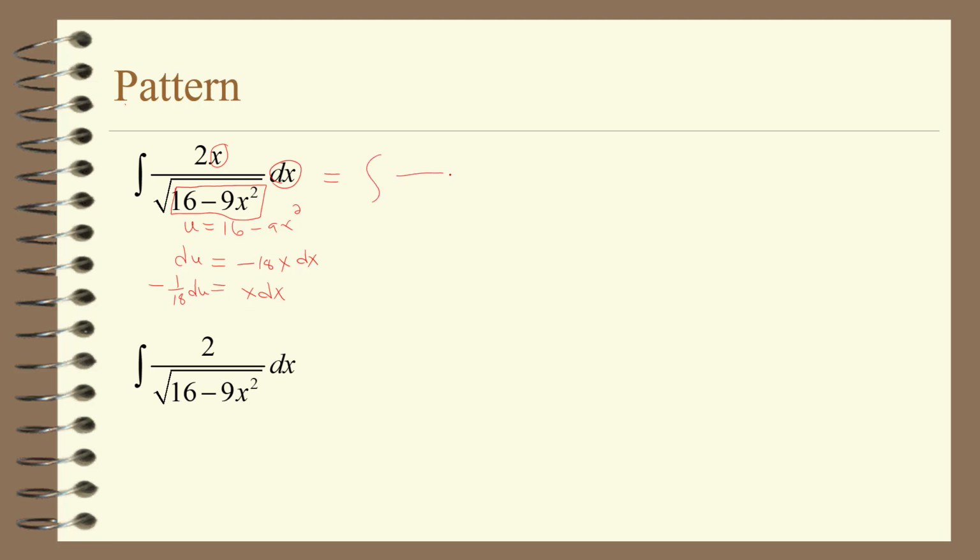Everything else remains. So I still have a 2 in the numerator. I still have a square root, but now it's applied to u, and the x dx becomes negative 1/18 times du. I'll just clean that integral up to get negative 1/9 square root of u du.